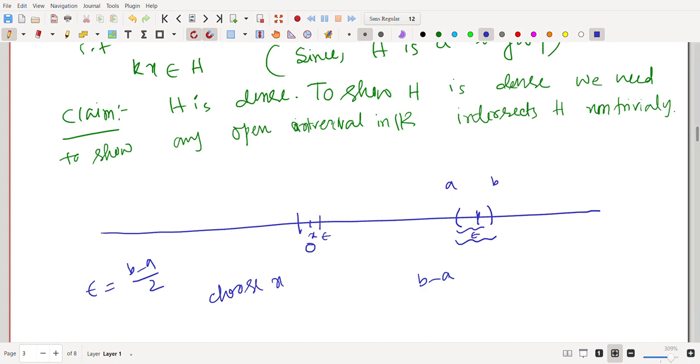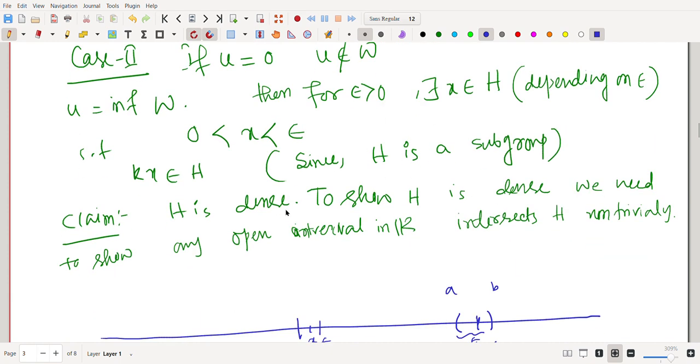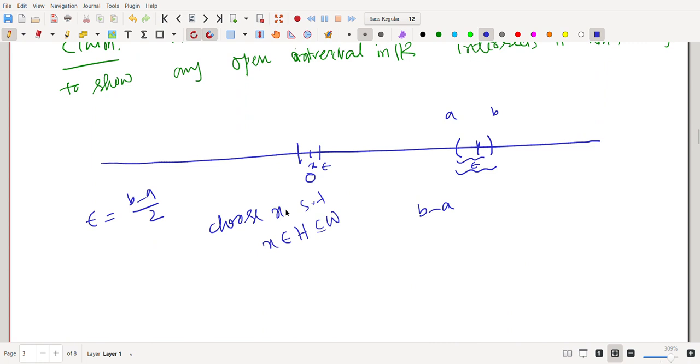Choose x such that x is in H, in particular in W, because this is the property of 0 being an infimum. I am considering the case where 0 is an infimum, and for any epsilon greater than 0 I can always find an x such that 0 less than x less than epsilon, right? So whatever epsilon I choose, I can always find some x inside this.